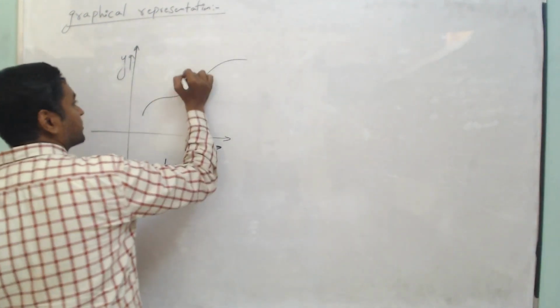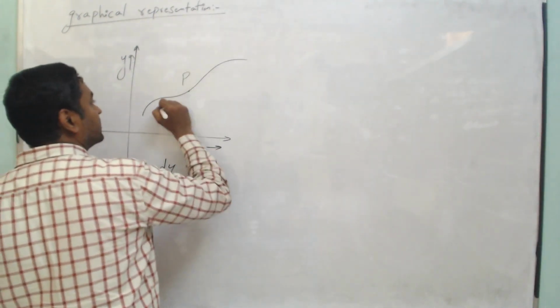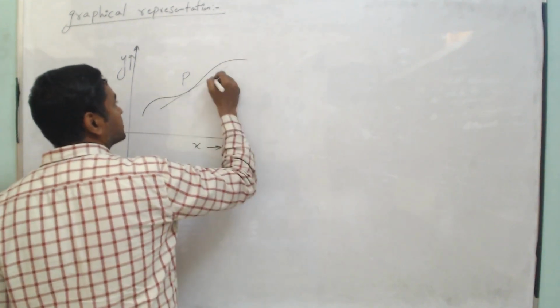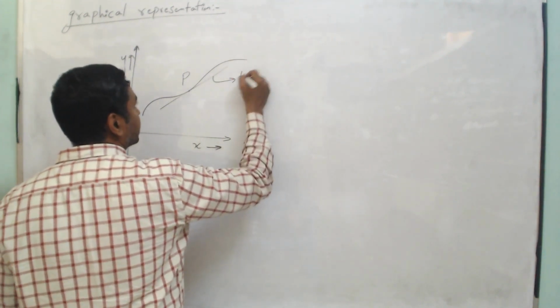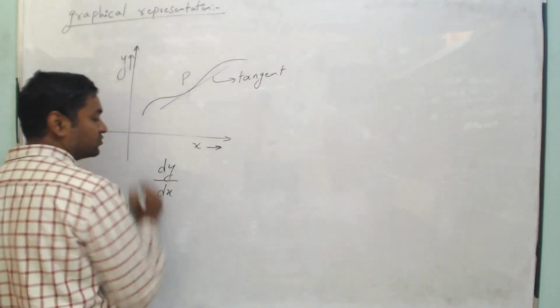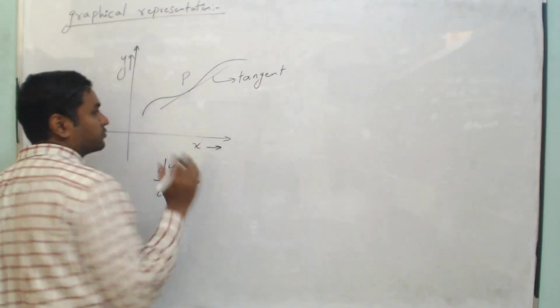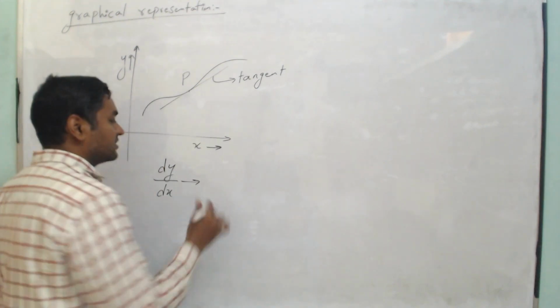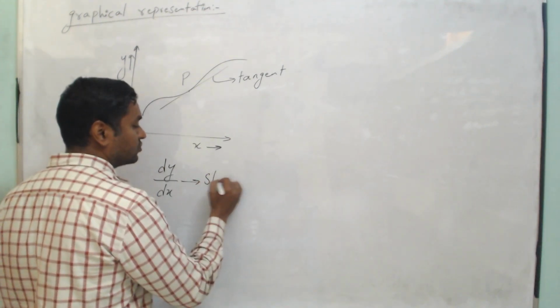At this particular point, let's say this is point P, if I draw a tangent, this fellow is called a tangent.